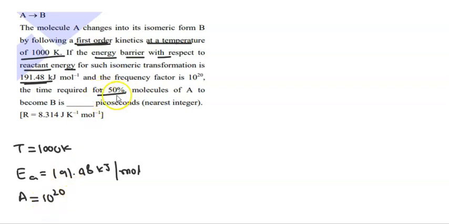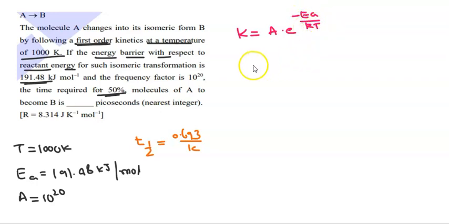The question asks for the time required for 50% of molecule A to convert. It is a first order reaction. We know that t half is equal to 0.693 by K. If you find the value of K, you can find the value of t half. So for first order reactions, K is equal to A into e power minus Ea by RT from the Arrhenius equation.